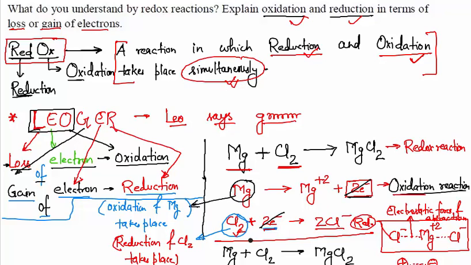It's pretty easy: if this chlorine is gaining electrons, someone has to lose electrons. So if oxidation is taking place, that means someone is losing electrons, and reduction will take place simultaneously, because someone will gain those electrons. Hope this is clear to you.